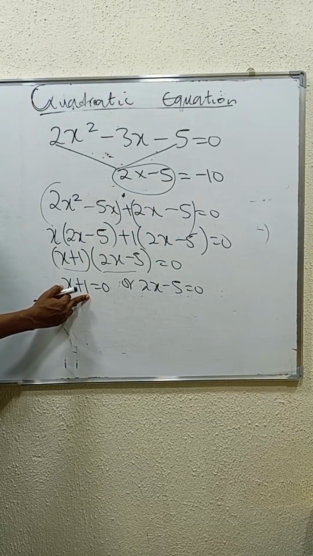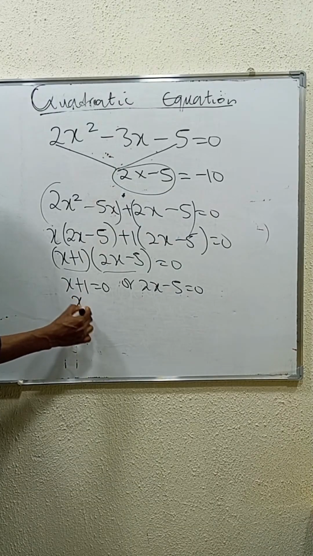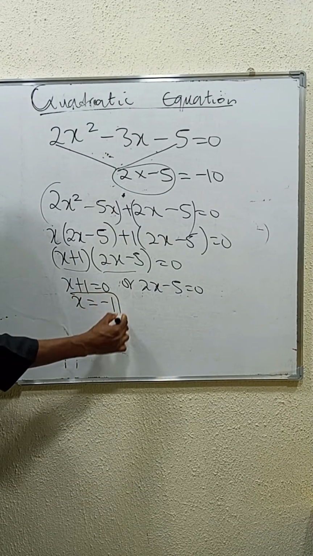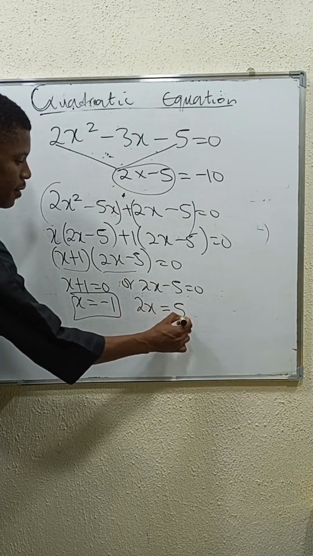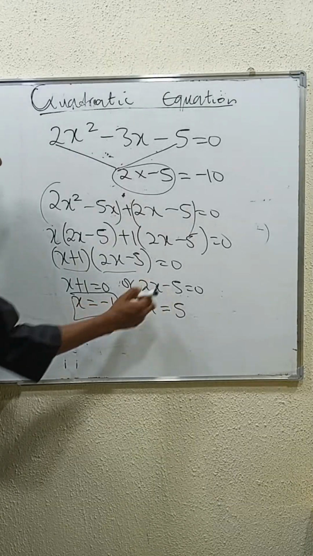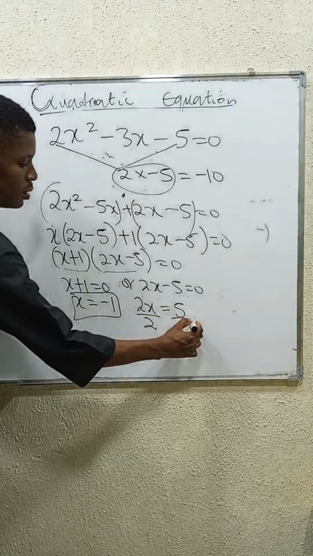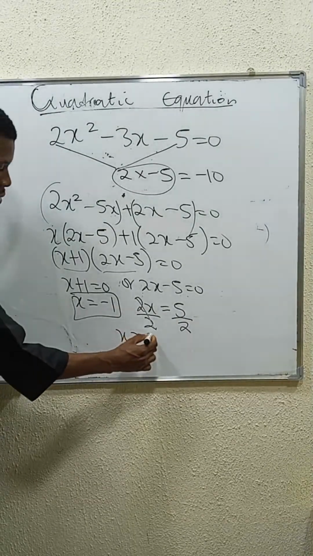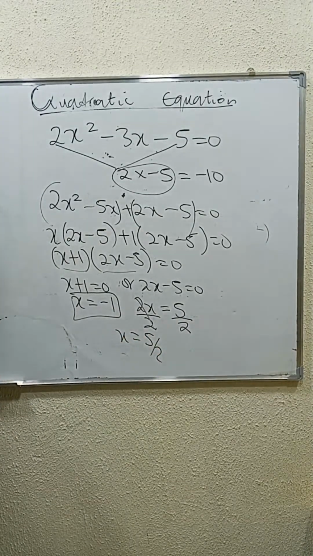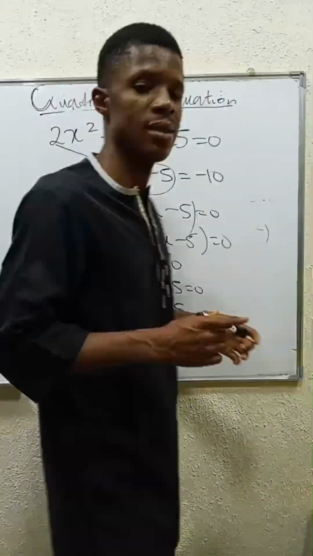We subtract 1 from both sides. You have x is equal to minus 1. Good. Then we have 2x is equal to 5. I added 5 to both sides. Divide by 2. If you divide by 2, you see that x is equal to 5 over 2. So x is 5 over 2 and x is minus 1.